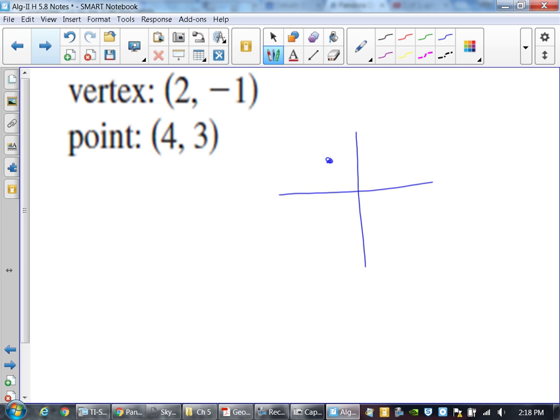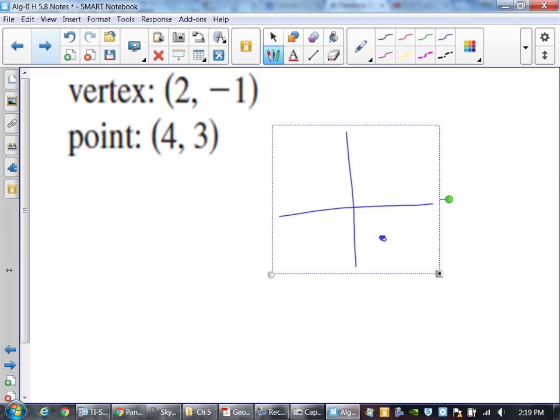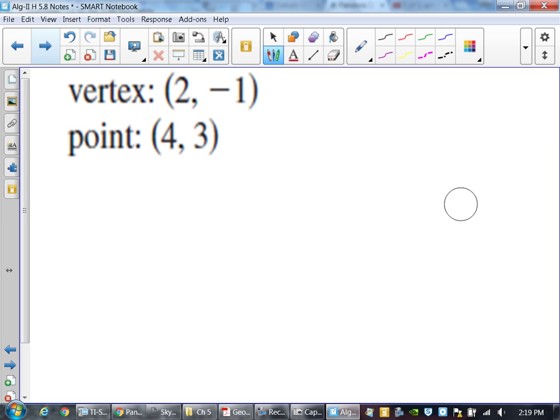If the point is at 4 and 3, it's tough to tell if it's going to be up or down. I'm guessing, but if you just go through the idea that you have the vertex, it's a dead giveaway.